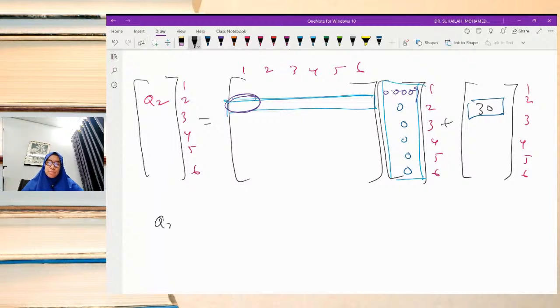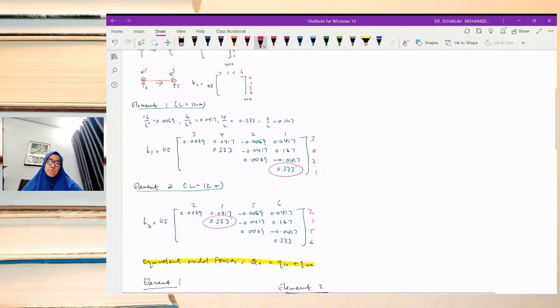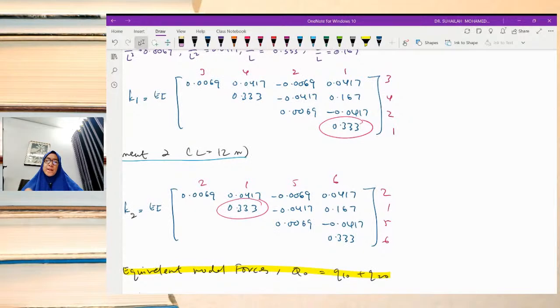So Q2 is equal to EI times the entry at position 2, 1. We get 2, 1 from K1 and K2. 1, 2 and 2, 1 are the same.